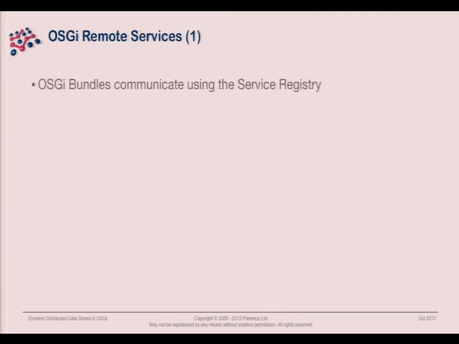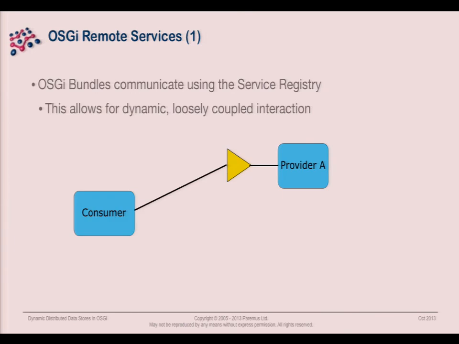OSGi bundles communicate using the service registry. So it's a loosely coupled means of communicating, and it's dynamic. You can see here we have a consumer talking to a provider through a service. This is fairly standard notation: the service is a triangle, and the point of the triangle points at the party providing the service.